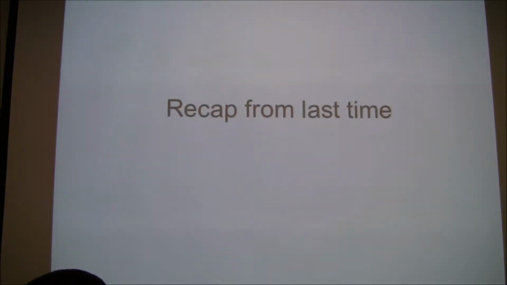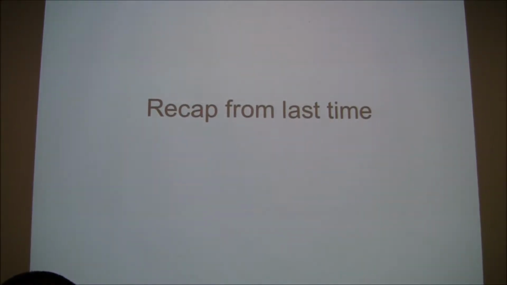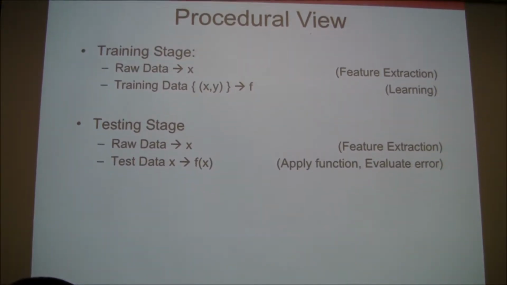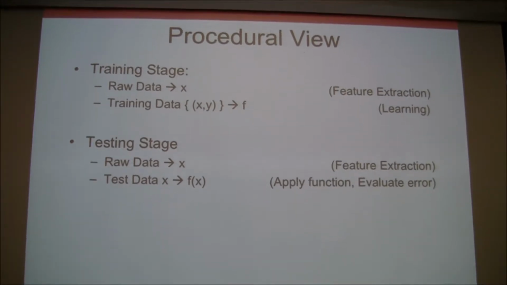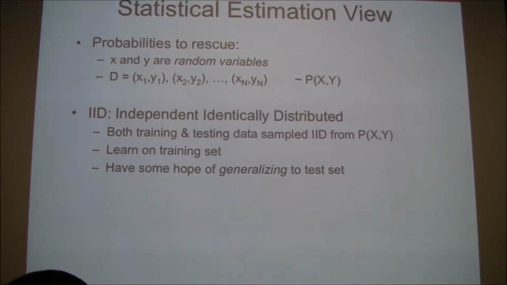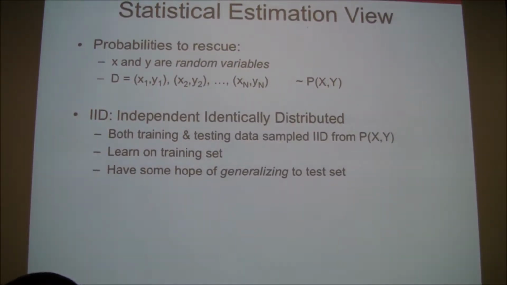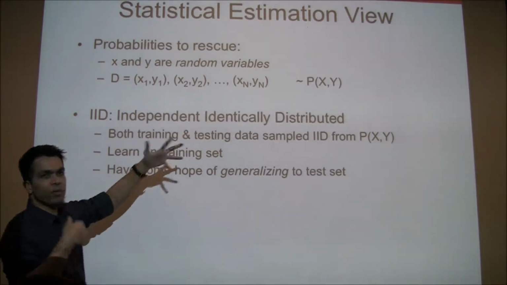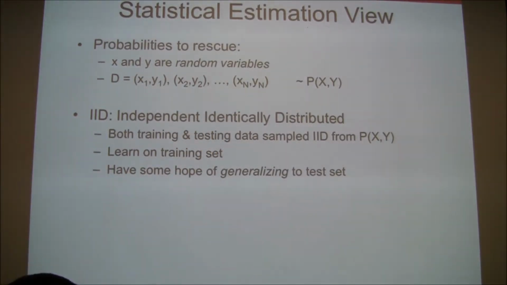All right. So let's look at what we were talking about last time. Last time we went through a recap of where we are. What we're implementing in the homework is a procedural view: there's a training stage and a testing stage. We talked about how we'd like to move to a statistical estimation view of things. We'd like to view these samples as IID from some distribution, and we'd like to learn something about that distribution.